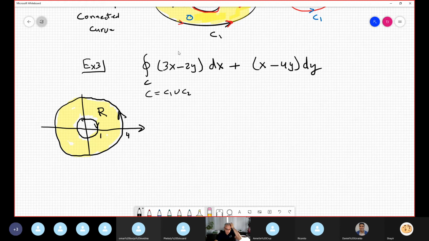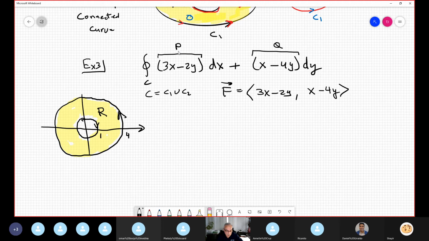So to compute the integral in the region R, you need to understand first what is the vector field associated with this integral. The vector field associated with this integral is (P, Q). This is P. This is Q. Okay, it's 3x minus 2y, comma, x minus 4y.